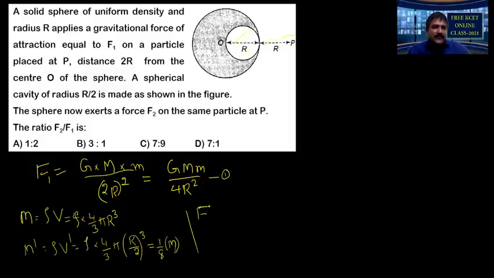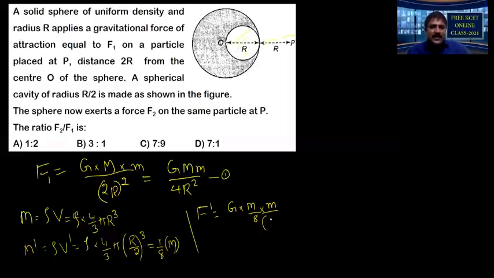So f dash equals G into the mass of that cavity portion, m by 8, into the mass of the particle at P, m only, divided by the square of the distance. Let us go systematically here. The distance from the mass in the cavity region is r by 2. The midpoint of the cavity is r by 2 to the end of the sphere on the right side, and the outside distance is r.